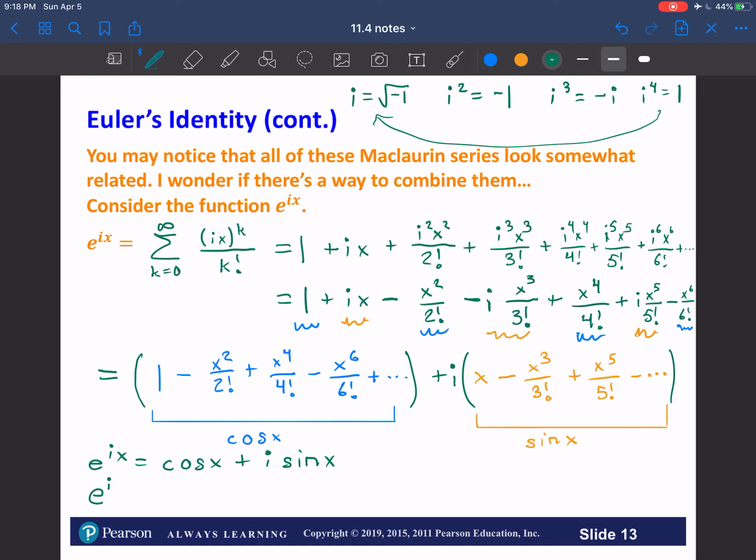We get that e to the i pi power is equal to, well, cosine of pi, that is negative 1, and sine of pi is just 0, and so this whole term just disappears. So let's just erase that. And what we are left with is this absolutely amazing identity that e to the i pi power is equal to negative 1. And this is Euler's identity.